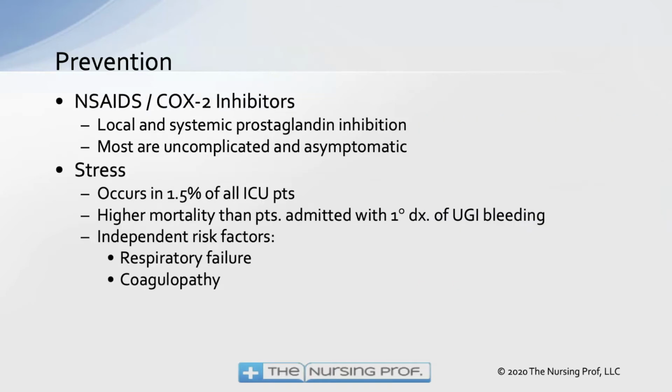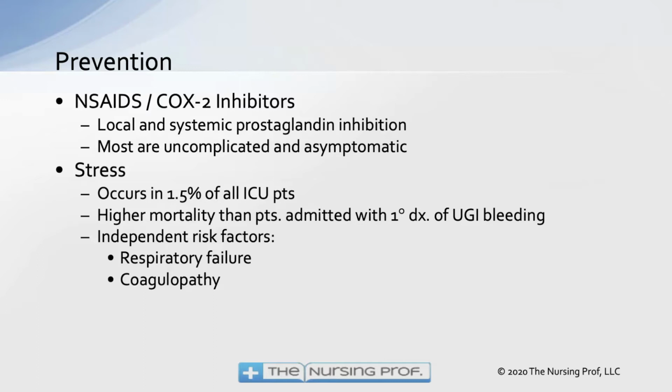NSAIDs and COX-2 inhibitors, these are medications that we give to patients to decrease pain. They're very effective in that they decrease inflammation and at the same time decrease pain. However, they do so by decreasing our prostaglandin secretion.